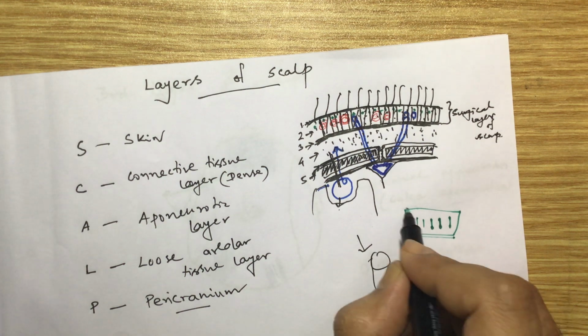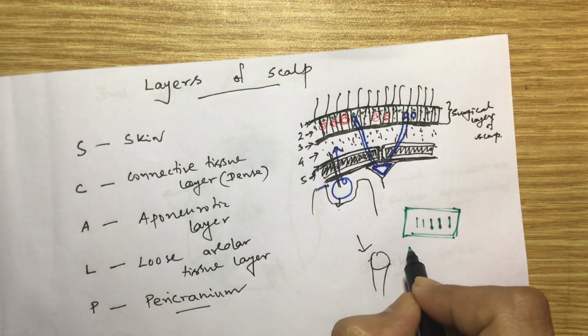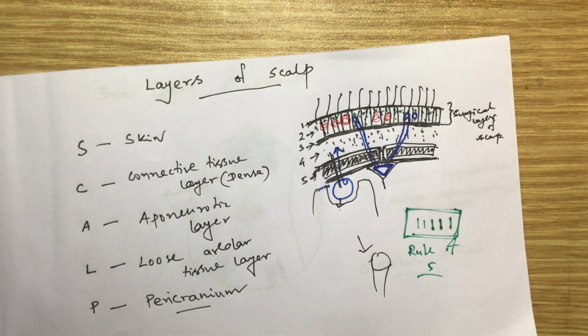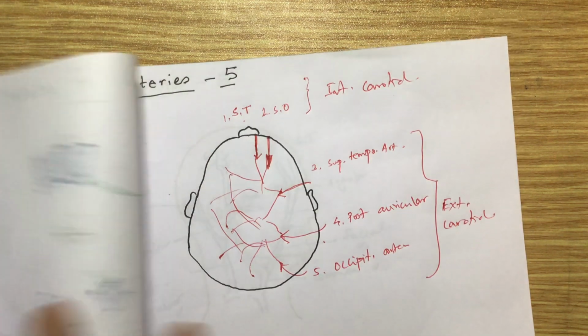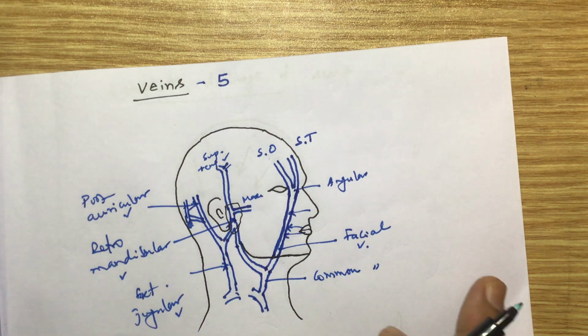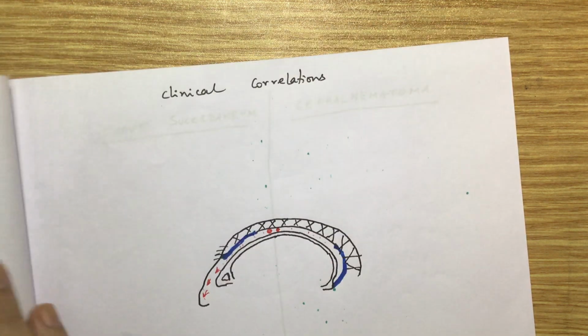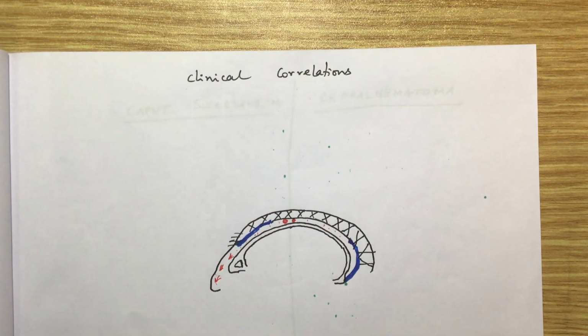So you can remember it this way, as a rule of 5. So we have discussed up to the veins, up to the nerves. Now comes the clinical correlations.